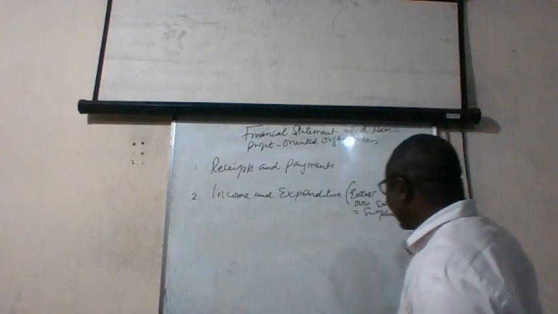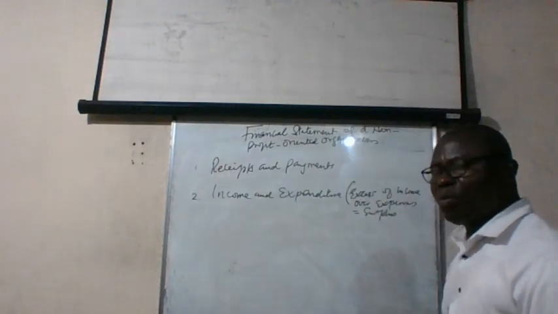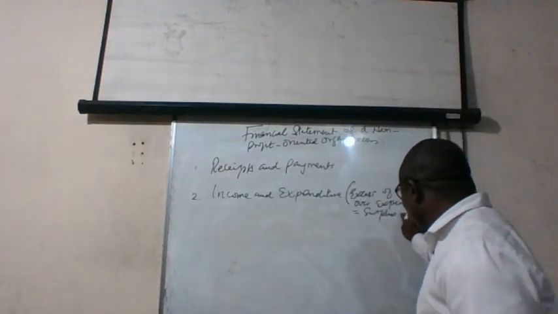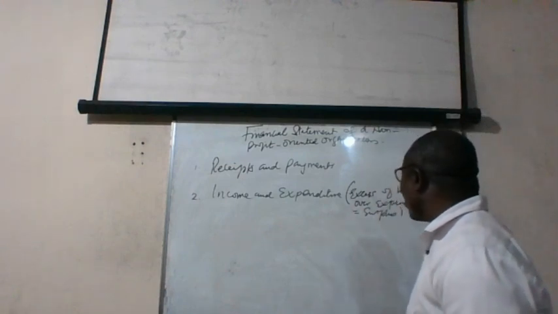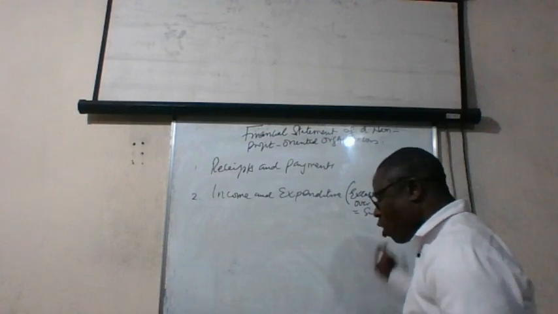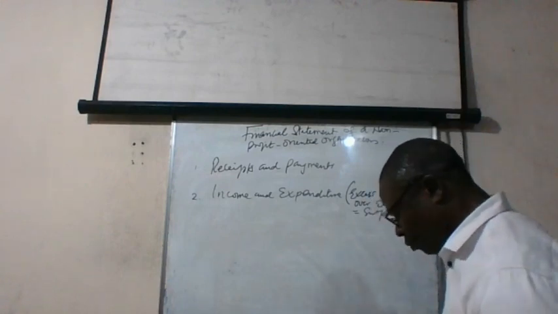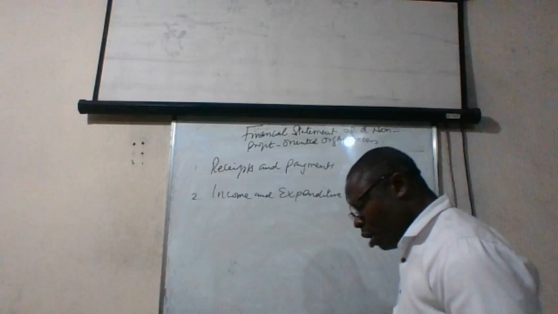So this is the main target of the income and expenditure, to get us to this point, because at the last computations you will either get surplus or deficit.